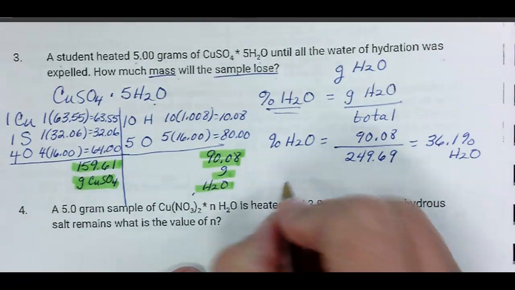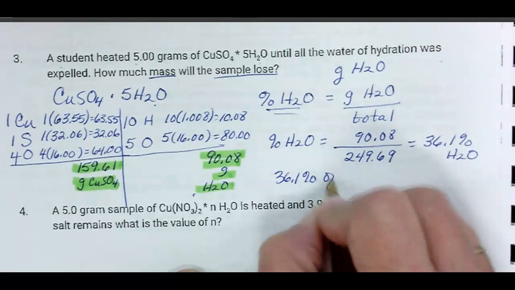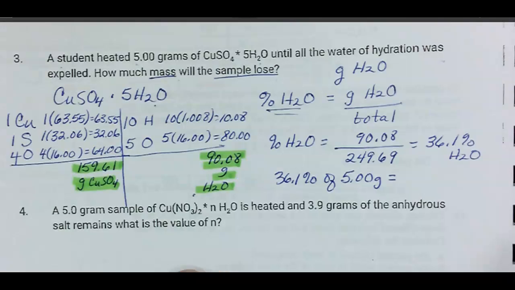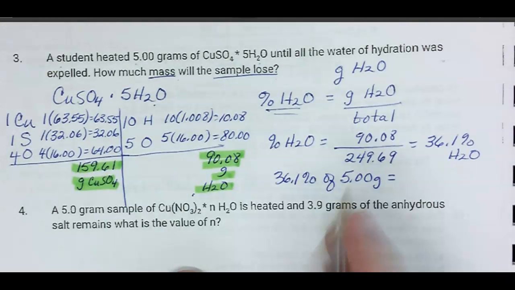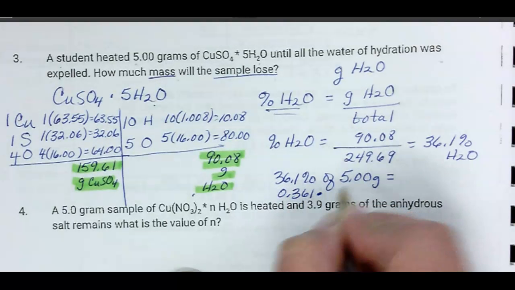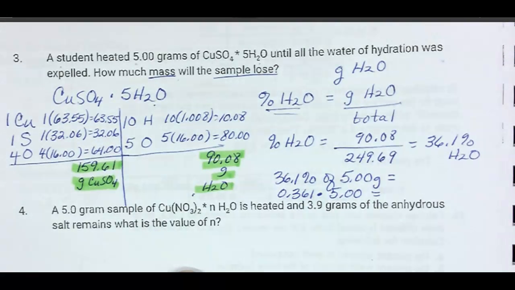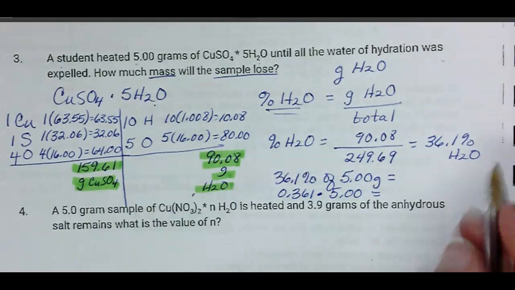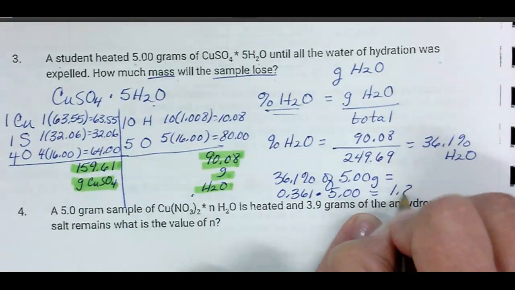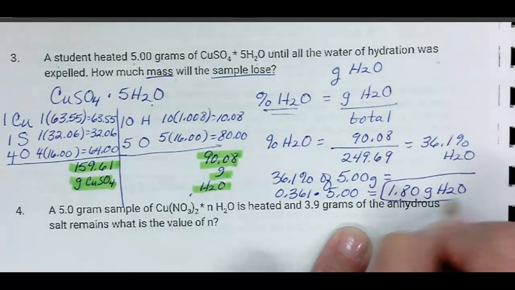What this is saying is 36.1% of the 5 grams is water. So hopefully from math class, you know that you do 0.361 times, of means times, 5.00. And we've got 3 decimal places, so we get 1.80 grams of water.